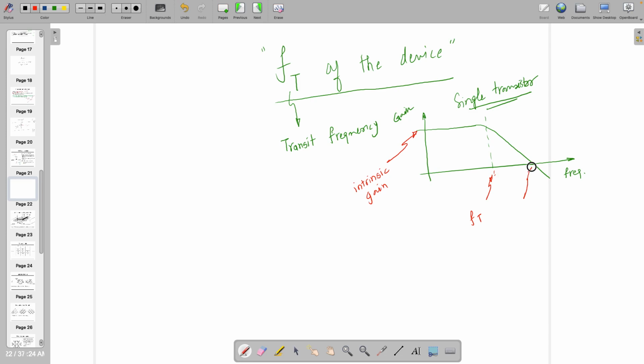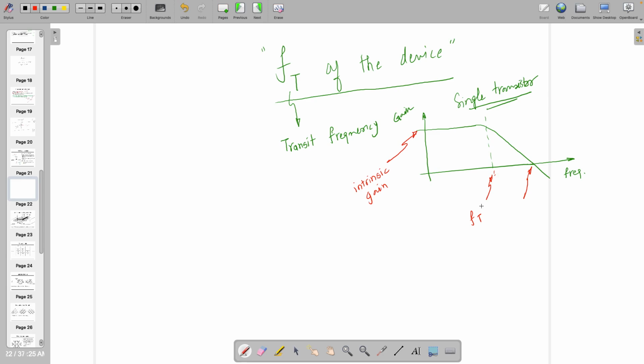This particular frequency is known as unity gain bandwidth, which is not so important, but FT of the device is very important. FT of 180 nanometer technology is almost, for your case, maybe around 150 gigahertz. Okay. So for 130 nanometer technology, the FT of the device is almost 400 gigahertz.